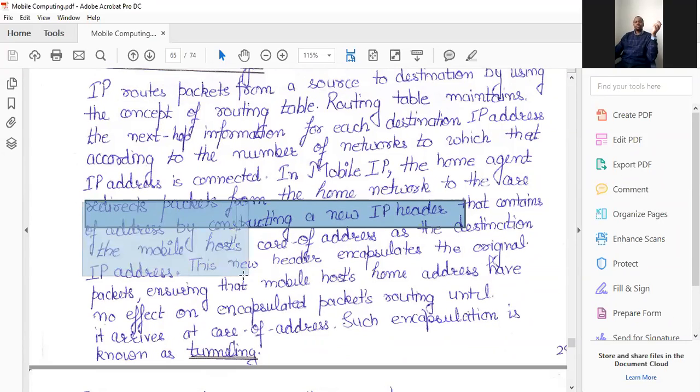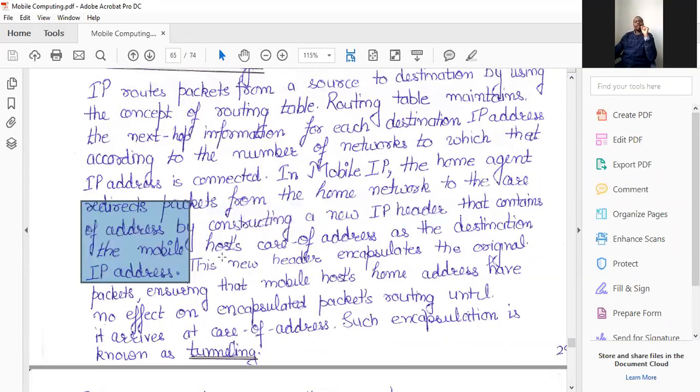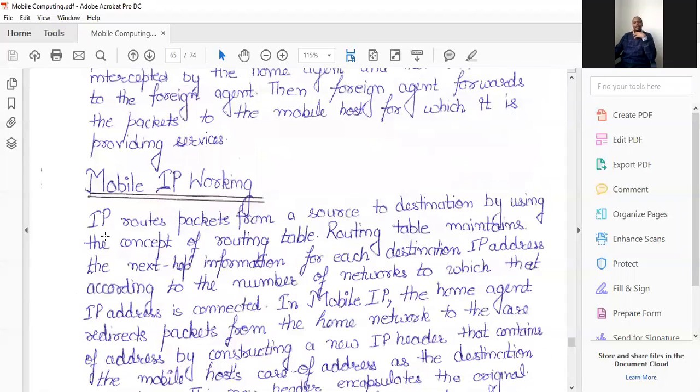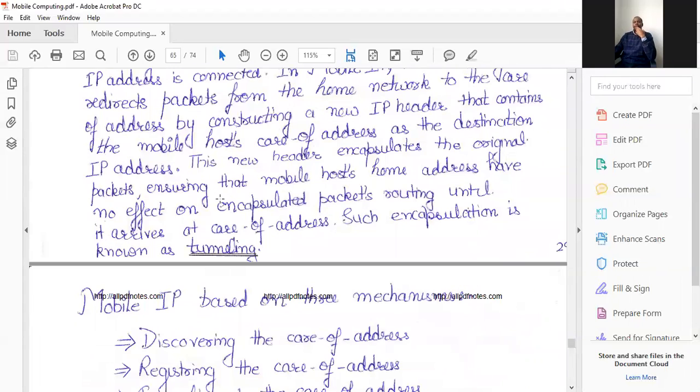Simply, what this means is that the router will redirect the data packets coming from the home network to the care of address or to the foreign agent, and then the foreign agent uses the care of address. We have already discussed the foreign agent, the home address and the care of address.